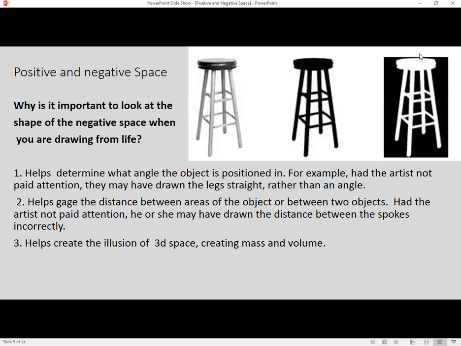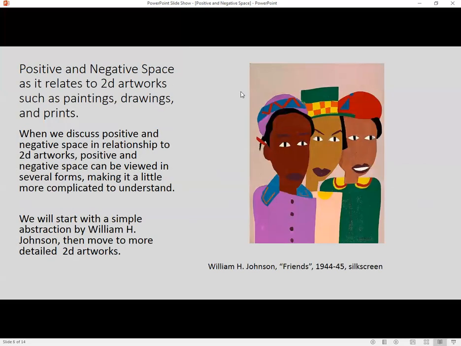The closer to the center, the narrower that negative space is. That helps me make the top of that stool look rounded, and that in turn helps make it look more three-dimensional. It helps create the illusion of mass and volume.